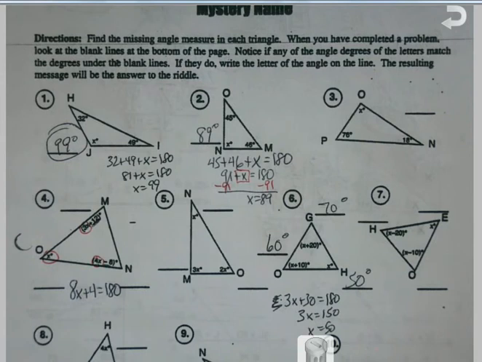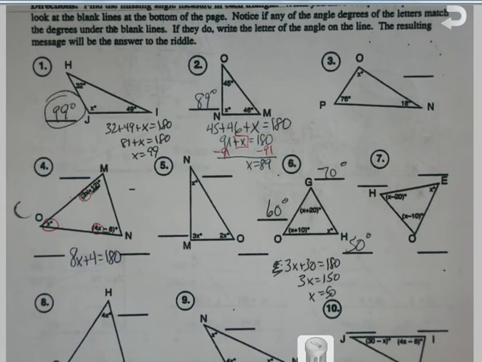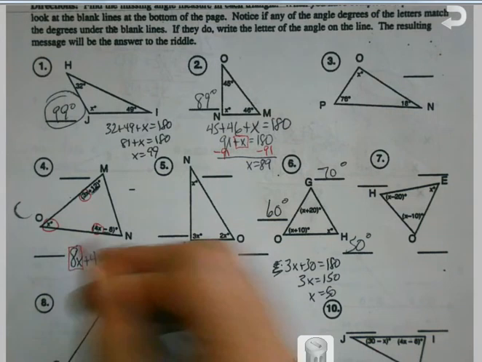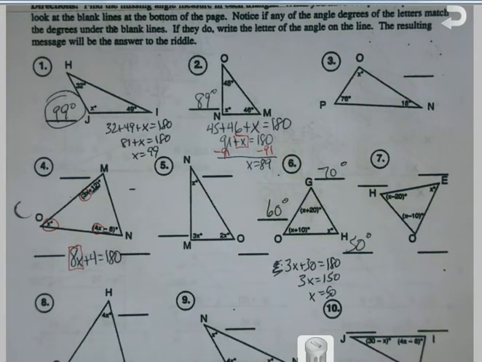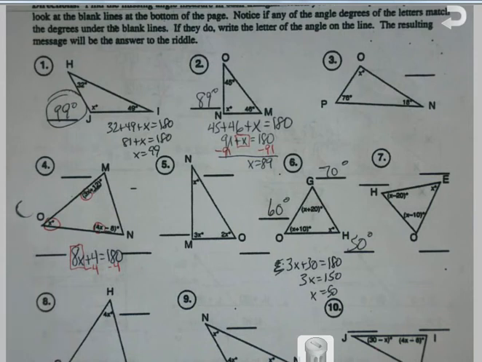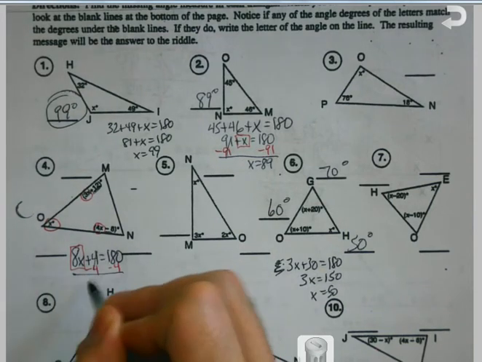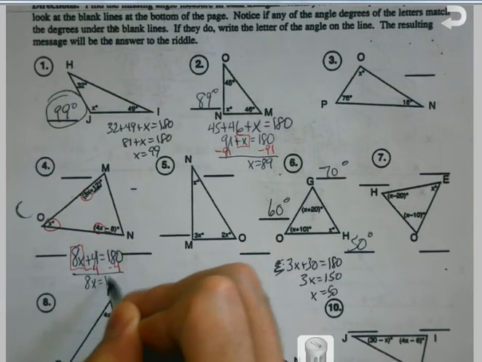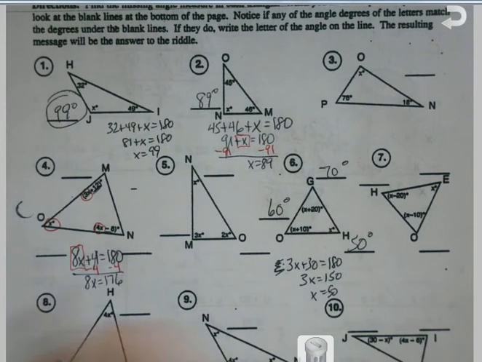And then I just got to do my 2 steps, so I can squeeze that in here. Let's see. What do I have to do first? Subtract the 4, because we always undo what's farthest away. Equals 176. Okay. So 8x is 176.